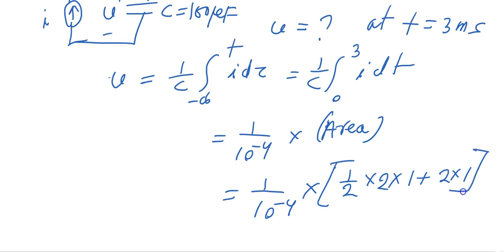So you have this area times 10 to the power minus 3, because it represents the millisecond. So you will have 3 into 10, that is 30 volt.